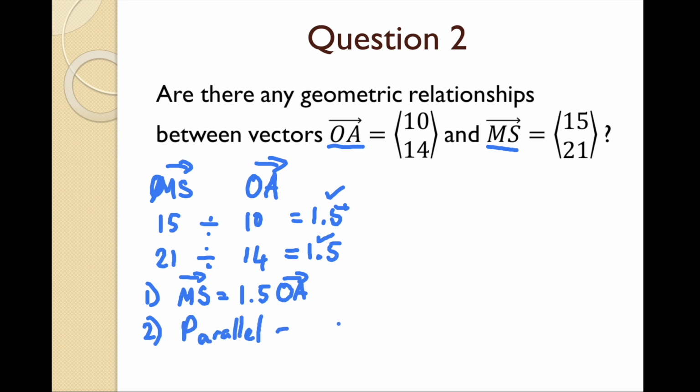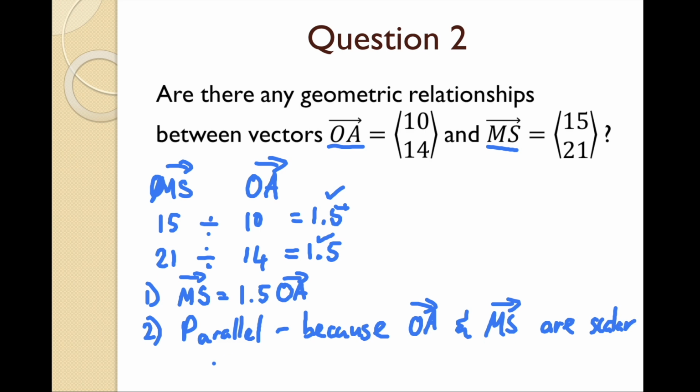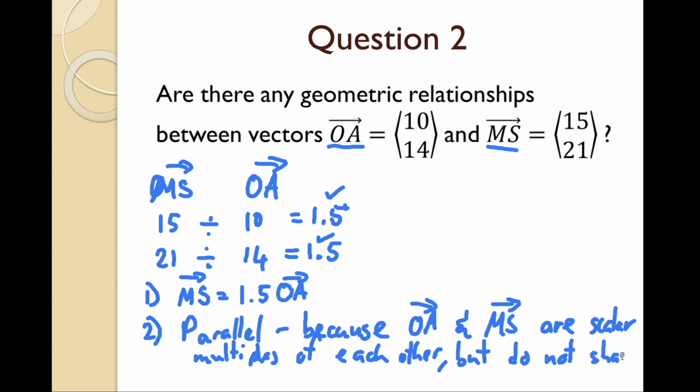So for this, we could say that they are parallel because OA and MS are scalar multiples of each other but do not share a common point. So notice, just how we divide this, both of them have to be the same sign as well too. So this one can be negative and this one positive.